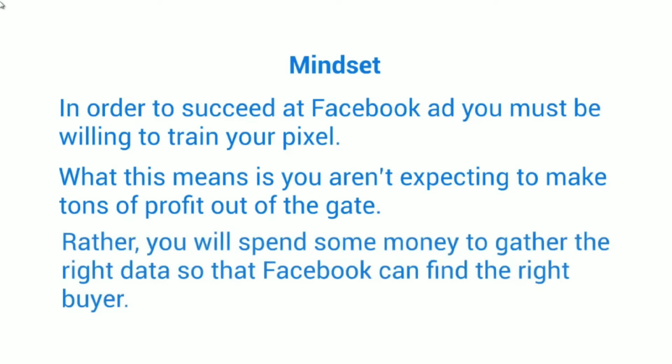So training a pixel basically means that you get traffic to your website where the pixel is located, and Facebook is able to figure out what kind of traffic is coming to your site, and of course, what kind of traffic is buying your product. So who is considered a lead and all of that.